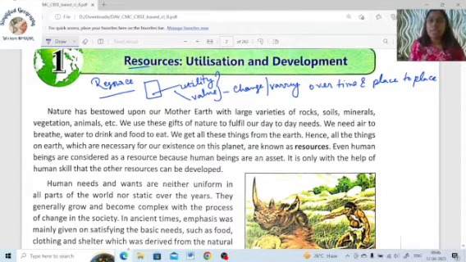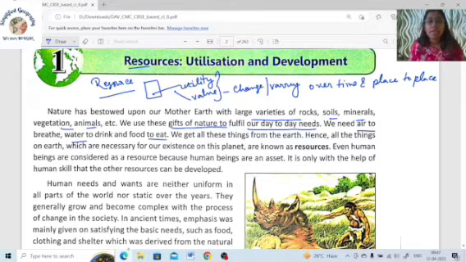Nature has given us large varieties of rocks, soil, minerals, vegetation, animals, whatnot. We use these gifts of nature to fulfill our day-to-day needs. We need air to breathe, food and water to drink and eat, and to survive on this planet.